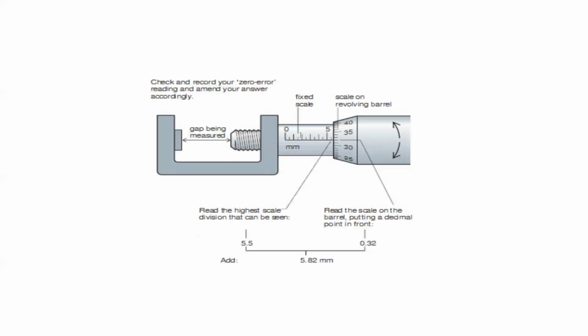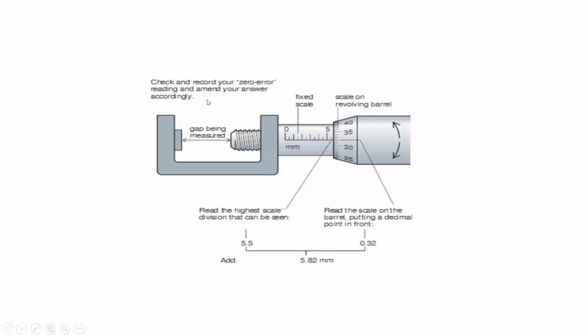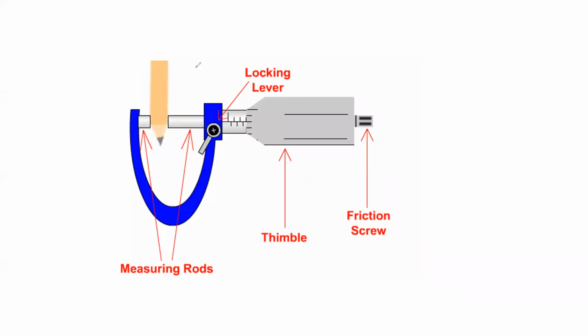For example, when you completely close your micrometer, in this example we are not completely closing it, but if we completely close it and nothing is placed between the jaws, the two jaws are in contact with each other and there is no object placed, how should the scale look?